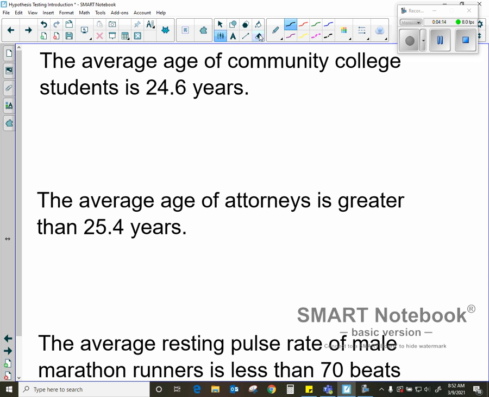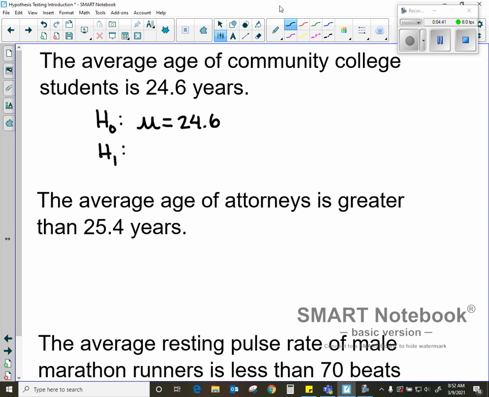It says the average age of community college students is 24.6 years. Okay, maybe this is the hypothesis that we are trying to test. When we are creating our null hypothesis, the null hypothesis always has the equal sign in it. So our null hypothesis is that mu is equal to 24.6.